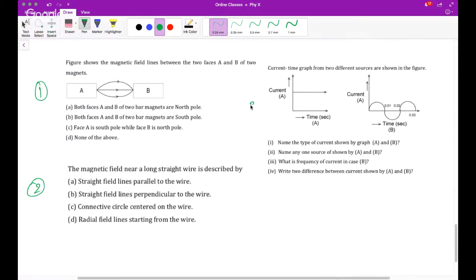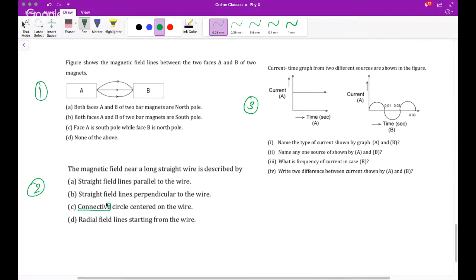The magnetic field near a long straight wire is described by concentric circles. There is a spelling error here.